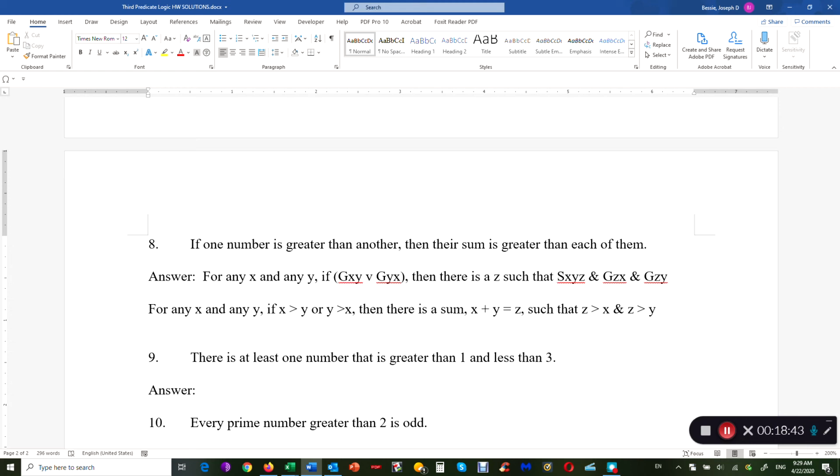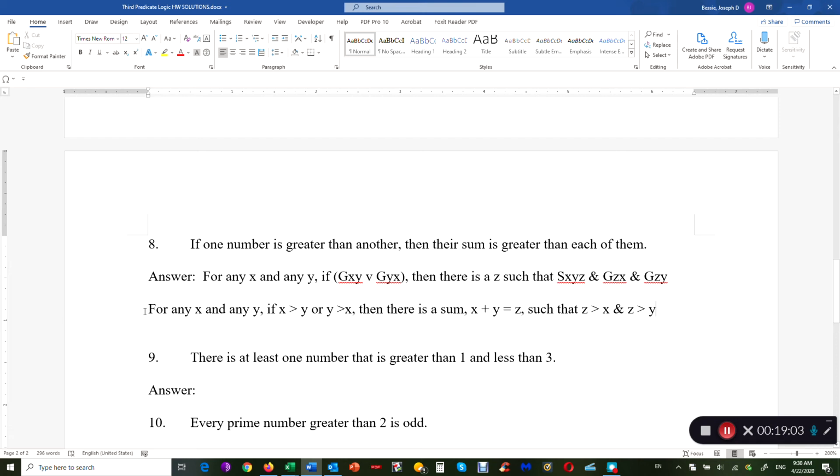If you wrote it in arithmetic symbols, it would look more like that.